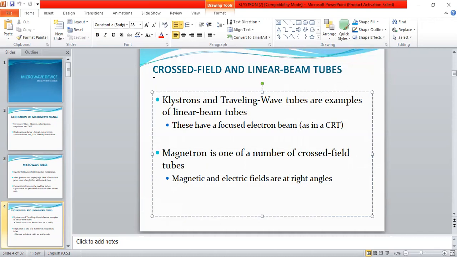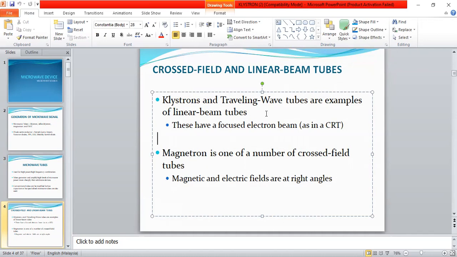Now, coming to the cross field tubes, in cross field tubes an electron beam is also there. But the fields which are used to generate the microwave signals in these cross field tubes are always magnetic and electric fields, at right angles.